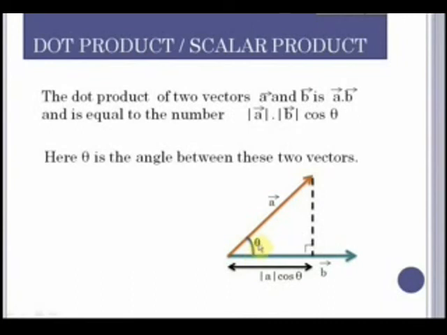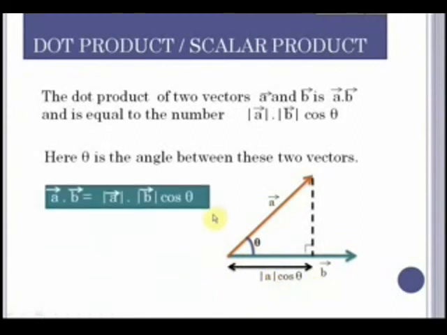This is the angle theta, this is 90 degrees. The length of this side is nothing but the magnitude of vector A, and so this side would be equal to modulus of vector A into cos of theta. Now A dot B is equal to modulus of vector A into modulus of vector B into cos of theta. Thus this is the dot product or the scalar product of two vectors.